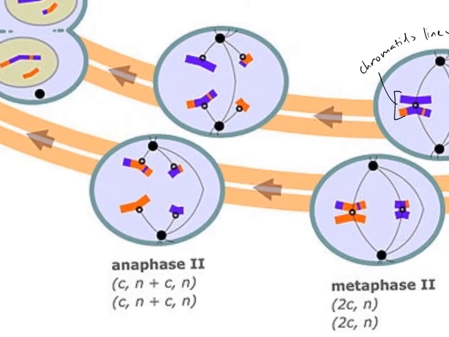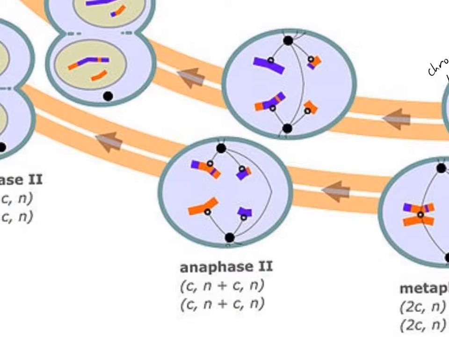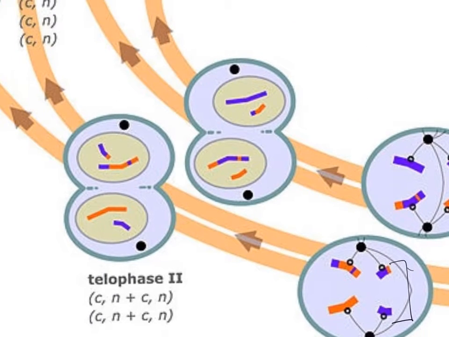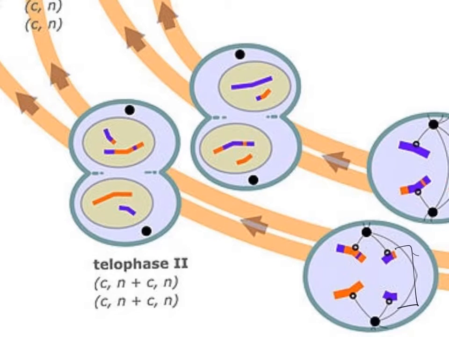In anaphase, the chromatids separate, and the same thing happens in this cell. When the chromatids separate, you now have 2 chromosomes in each cell.